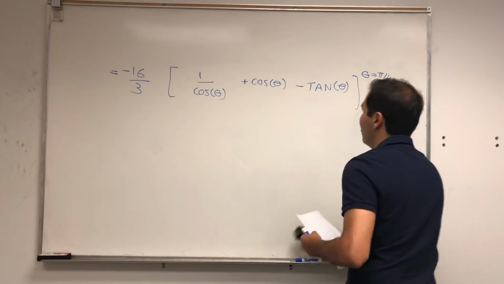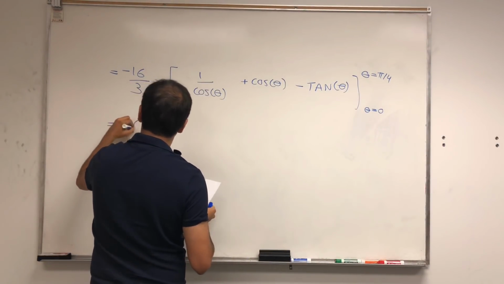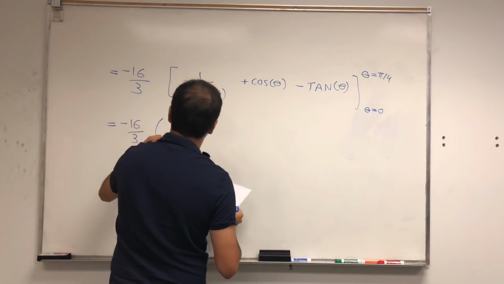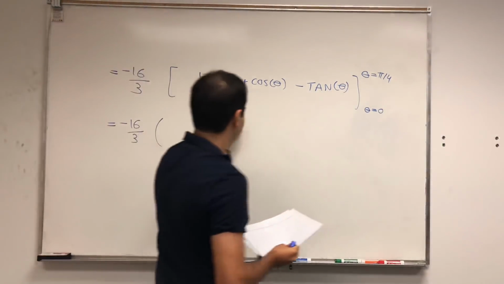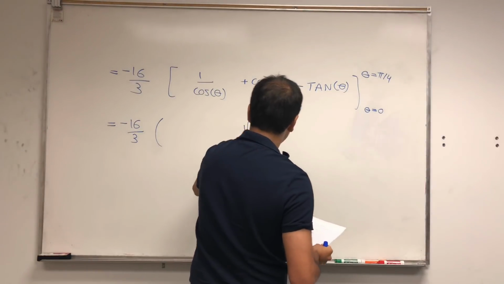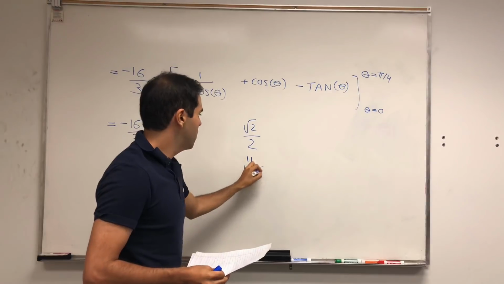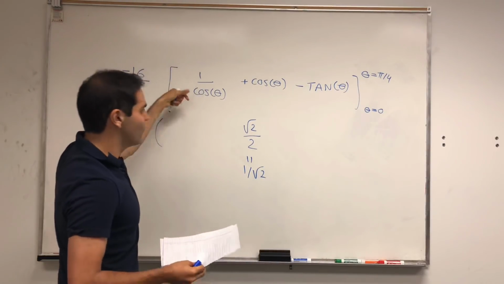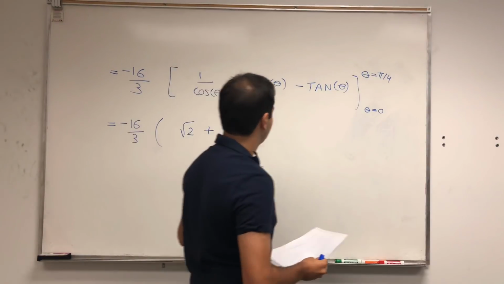So you're left with the following. Minus 16/3 of cosine of pi over 4, that's square root of 2 over 2, or if you want, 1 over square root of 2. So if you take 1 over cosine theta, this becomes square root of 2.